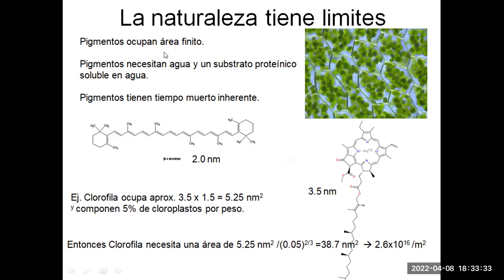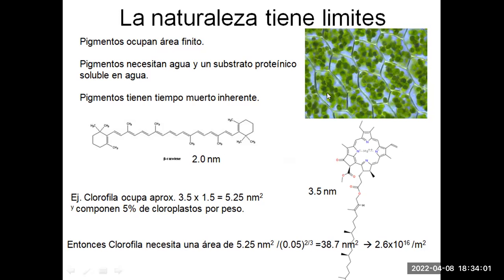Pigments have a finite area, a finite size, so we cannot make pigments infinitely small. For example, the carotenoid has a dimension of about 2 nanometers, and in the case of chlorophyll, it's about 3.5 by about 1.5 nanometers. That gives us an area of about 5.25 square nanometers.